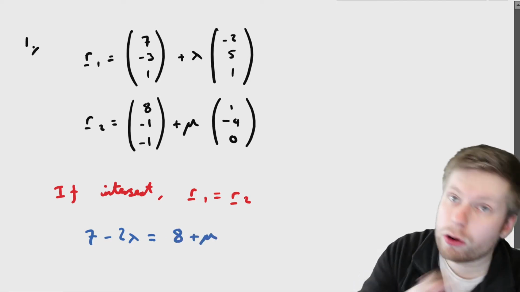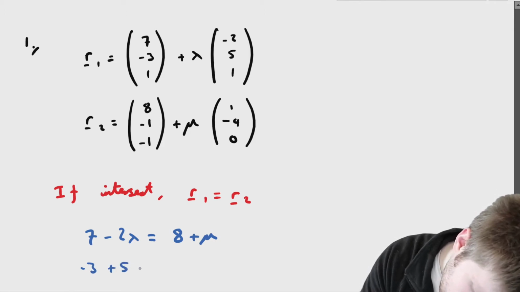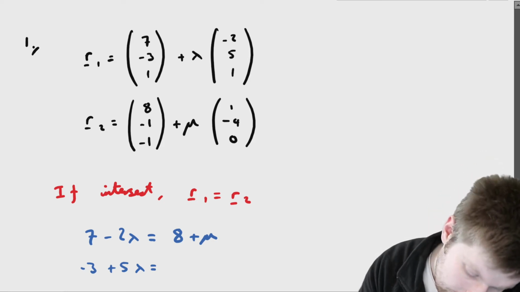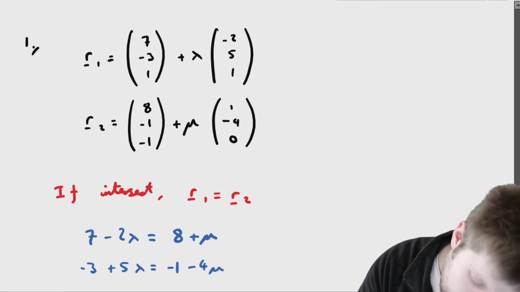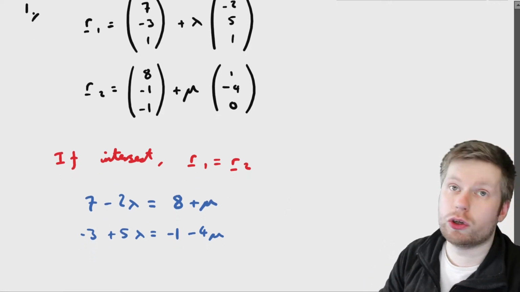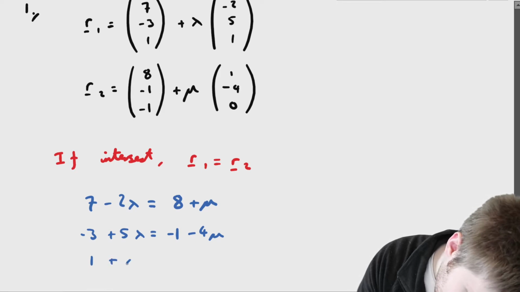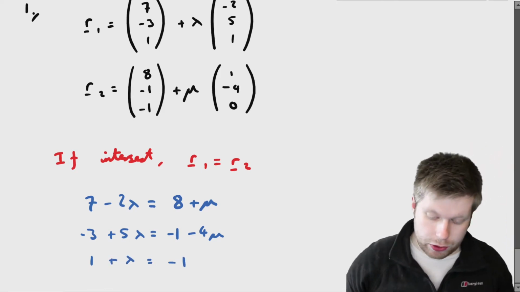And then if I look at the j components, well, it'll have -3 plus 5 lambda, should be the same as the j components of the second line, which is -1 minus 4 mu. And then there should also be a k component, the k components equal to each other, so 1 plus lambda should be equal to -1 plus 0 mu, so just -1.